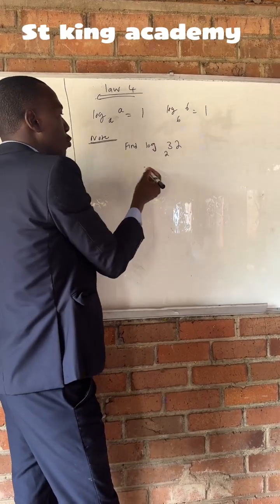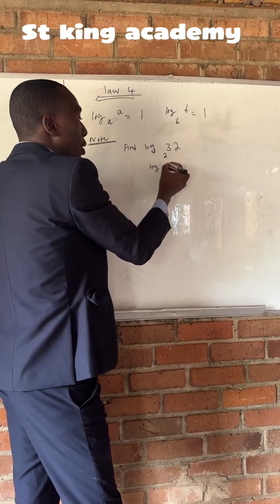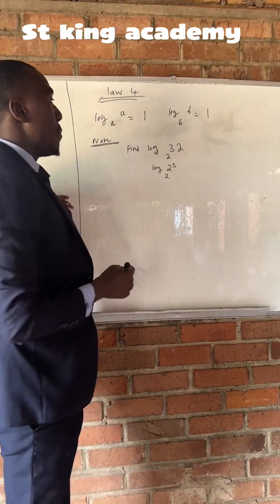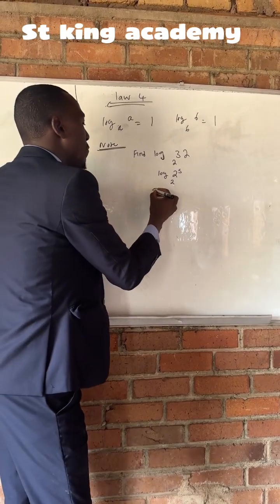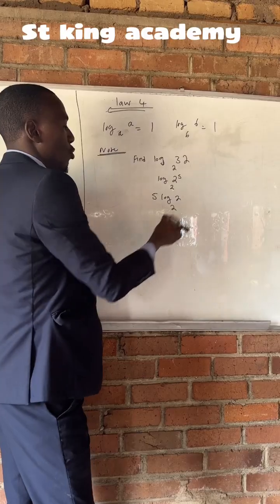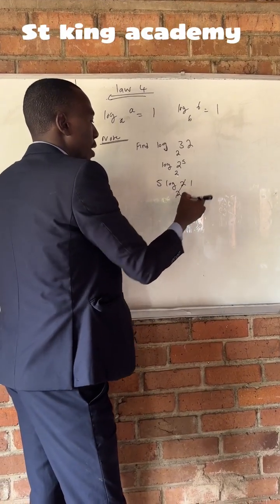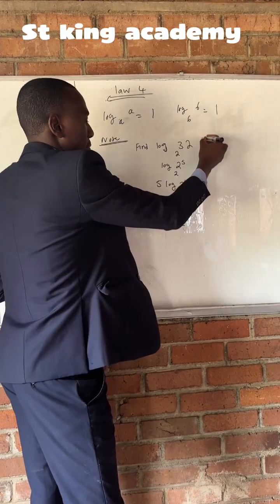So what are we going to do? We're going to say log 32 is the same as 2 raised to the power of 5, base 2. Remember law number 3, this power will go to this side, so it's now 5 log 2 base 2. So we have the same log and the same base. They cancel, we get 1. So it's now 5 times 1, we get 5. Okay?